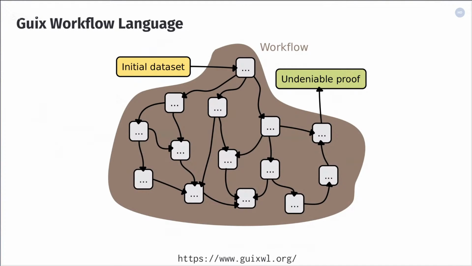From what I heard, I'm not an expert in this area, but that's my understanding. There's also SnakeMake, things like that. And the idea for the Guix workflow language was to have reproducible deployment built into the workflow language itself.